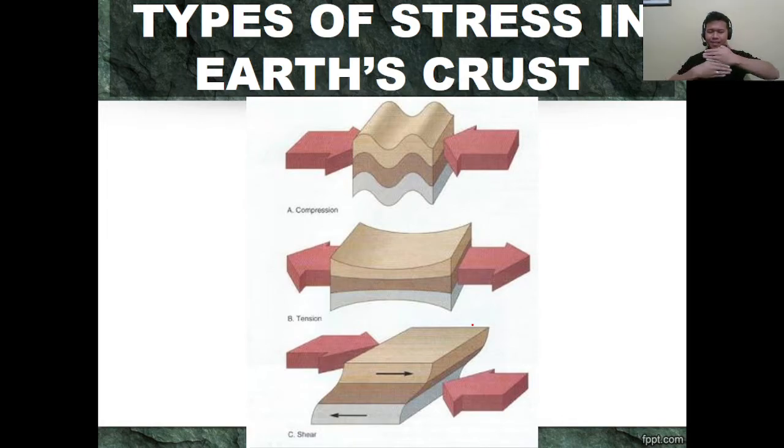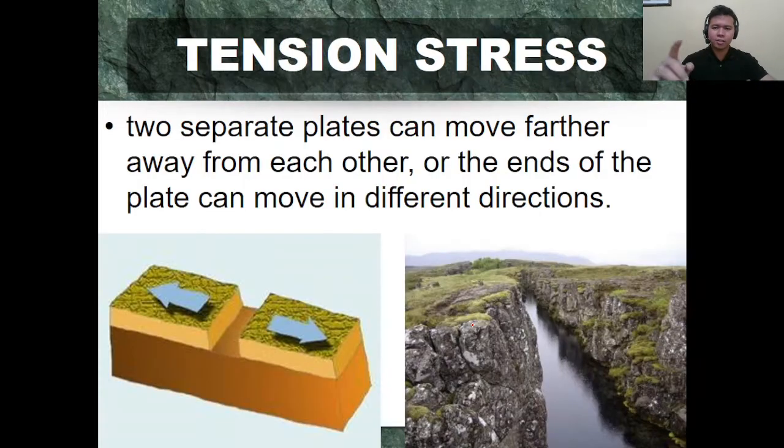They slide past against the other, such as this one. For tension stress, two separate plates can move farther away from the other, or the ends of the plate can move in different directions, creating gaps in between them. So this is under divergent boundary.